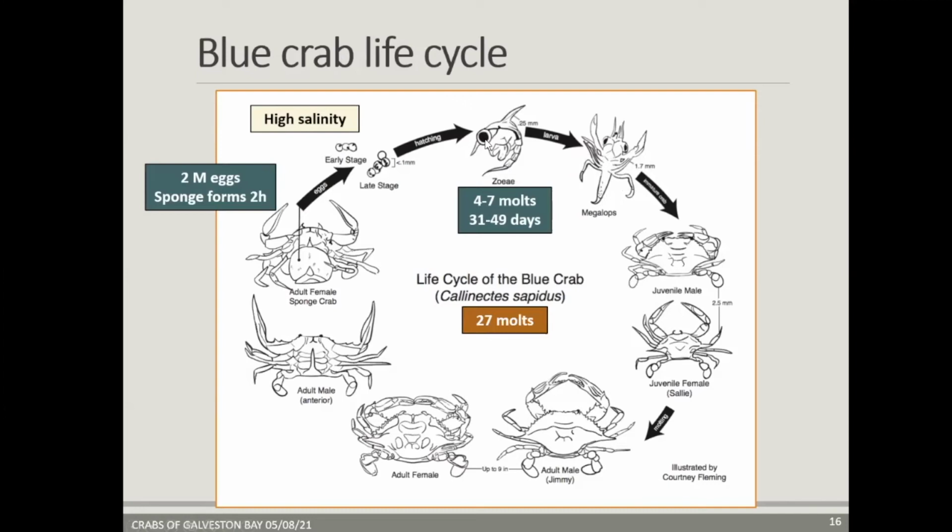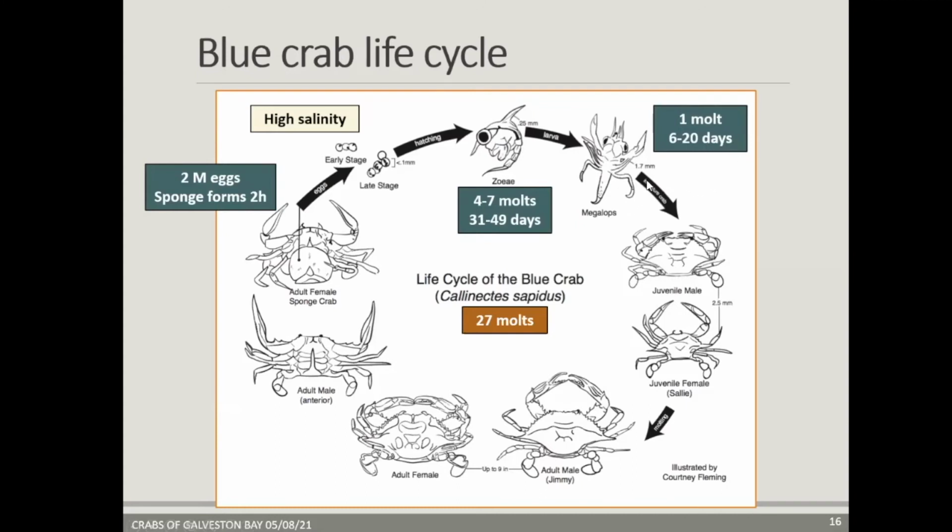These are swimming near the surface of the Gulf on the outside of the estuary, and they're feeding on phytoplankton and anything that's smaller than they are. The megalops. Whoops! Need to do my animations here.